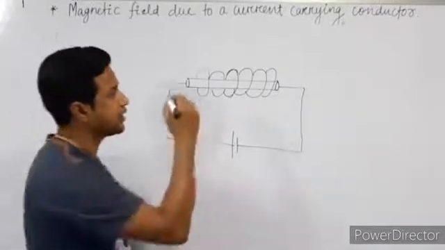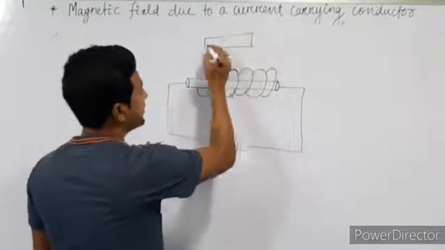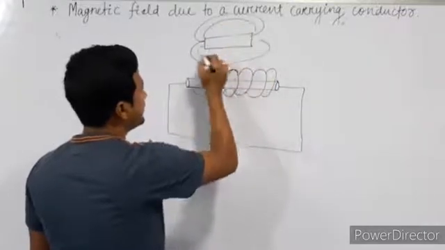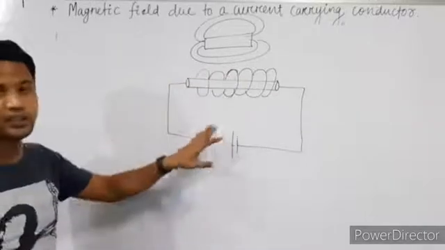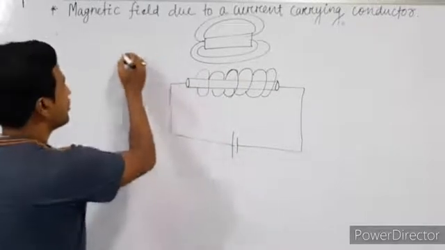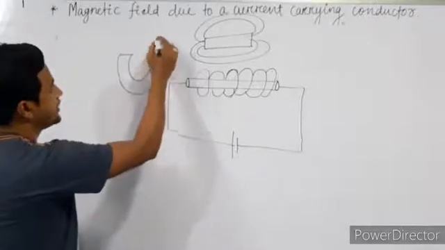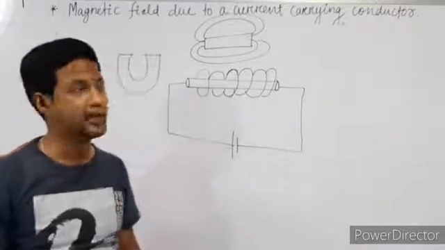As you saw in our previous video, we have a bar magnet. Its shape is rectangular and we found the magnetic field is like this. So here if a conductor is there, it is like this, and if you have a horseshoe magnet, then it is also having some different types of magnetic field around it.